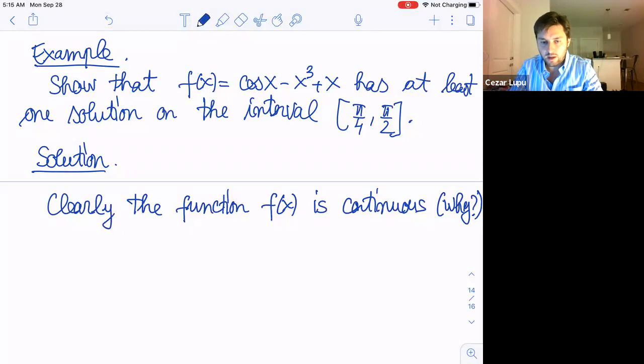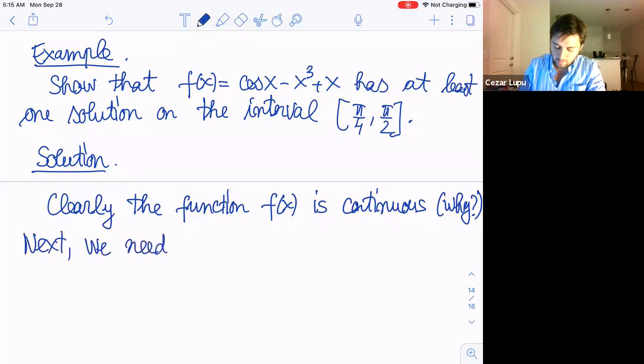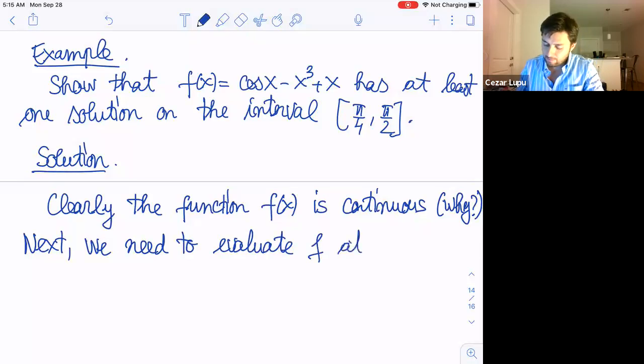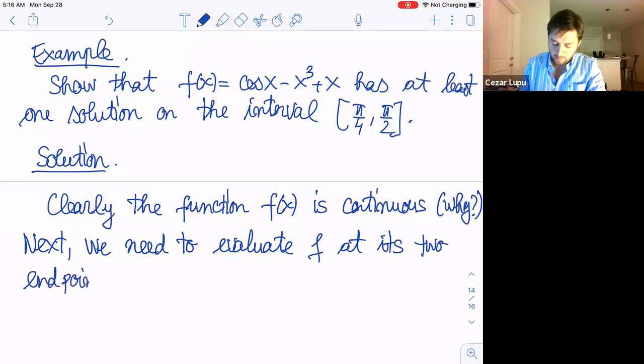and now I want to use the root location theorem. So what I need to consider is to evaluate the function f at its two endpoints. The endpoints of this function are pi over 4 and pi over 2.